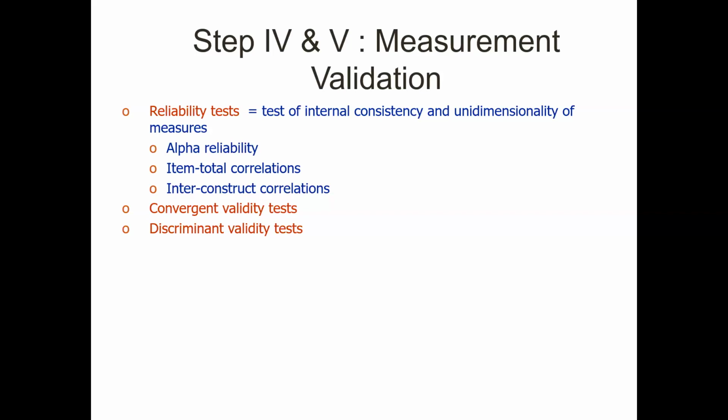So the reliability test seeks to examine the internal consistency and unidimensionality of your measures. Some of the tools or techniques that have been developed for us to gauge reliability are the alpha reliability, the item-total correlation, and then the item inter-construct correlation.